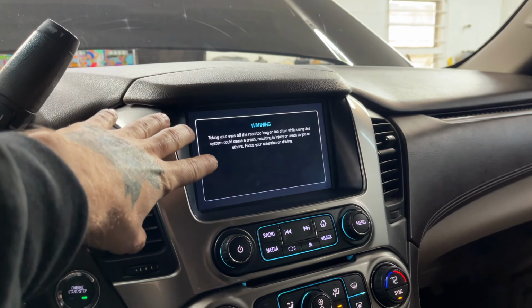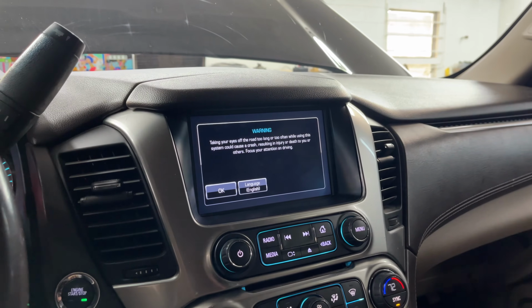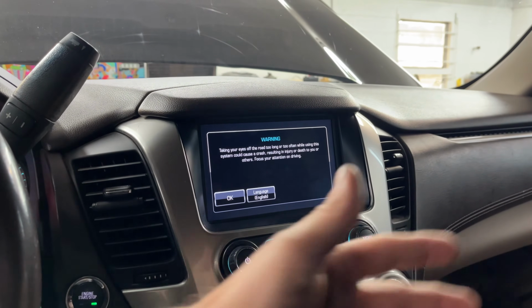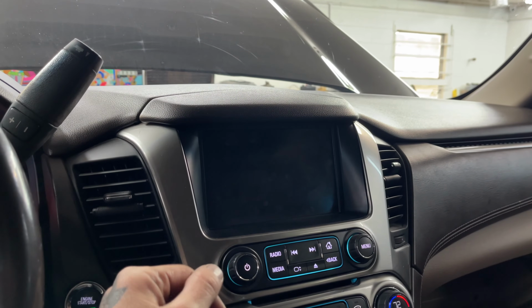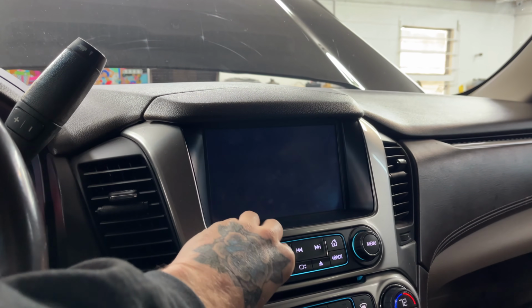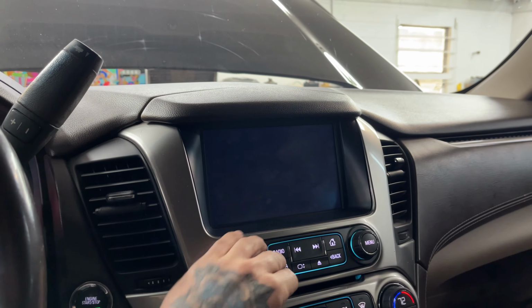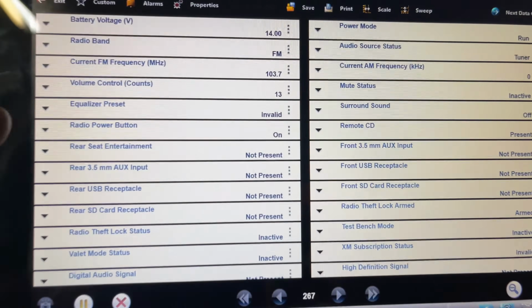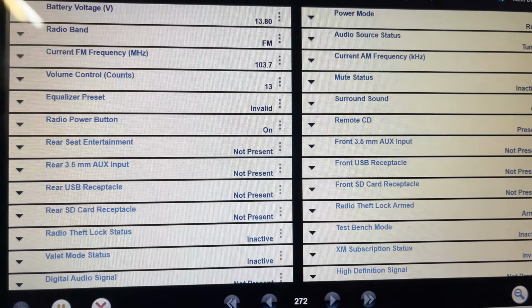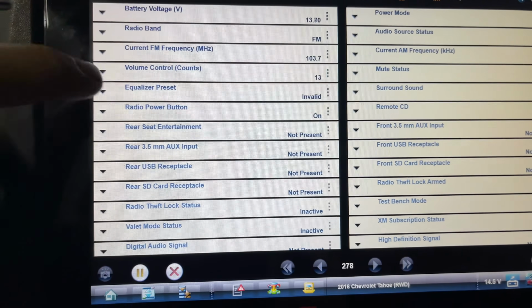So the camera is able to override whatever else is going on. Yeah, nothing.